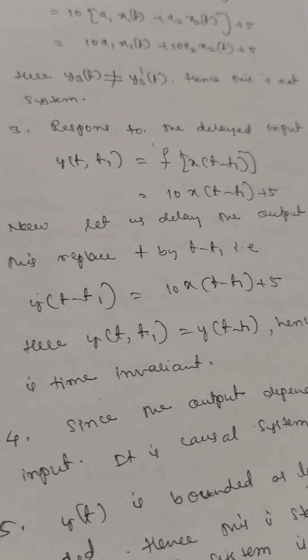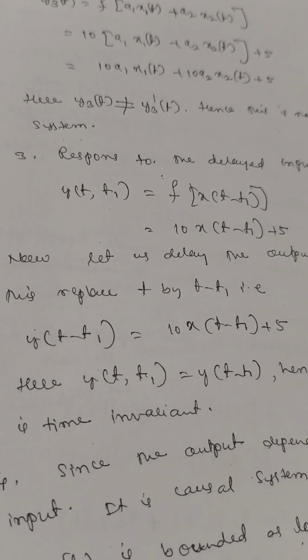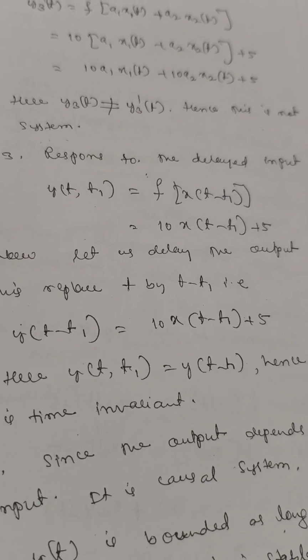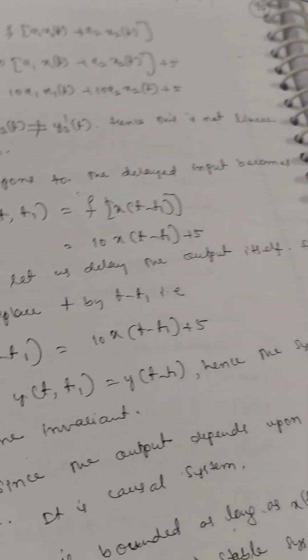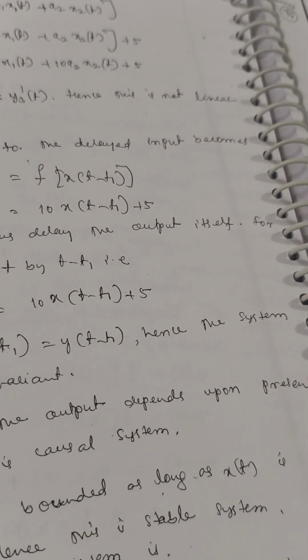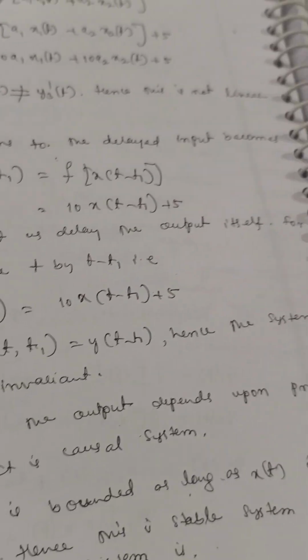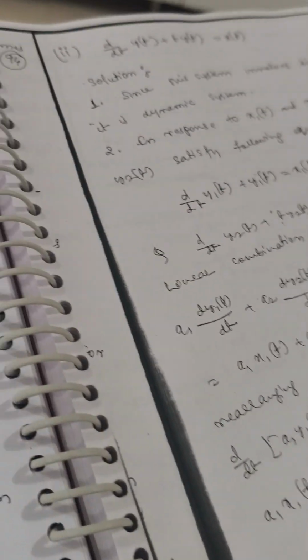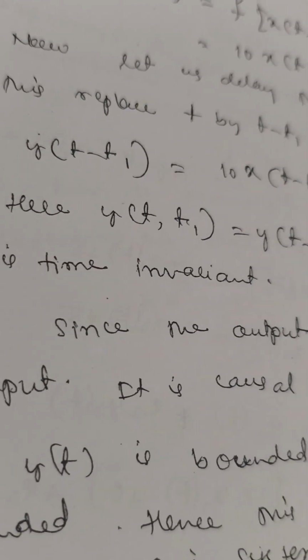Hence the system is time invariant. Time invariant means that if there is a shift in the input, and correspondingly a shift in the output, such systems we call time invariant systems. That is how we can find out whether the system is time invariant or not.